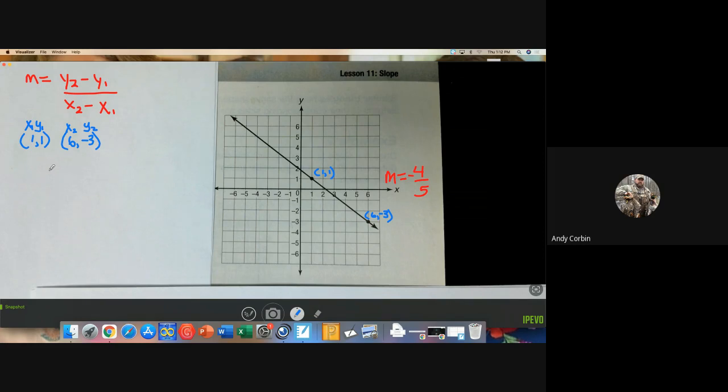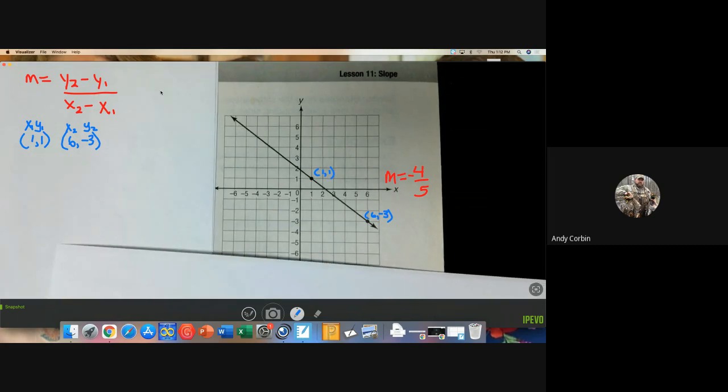Okay? So this looks kind of funny. I mean, it looks kind of hard, but all it is is rise over run. It's just written as, instead of with a graph, it's written with 2 points that are on the line. Okay?